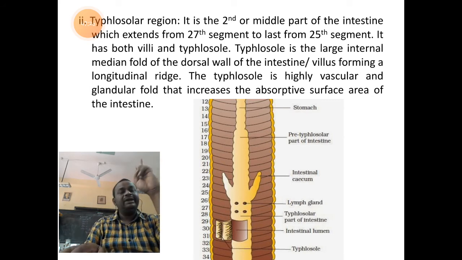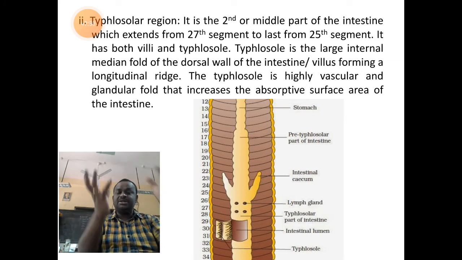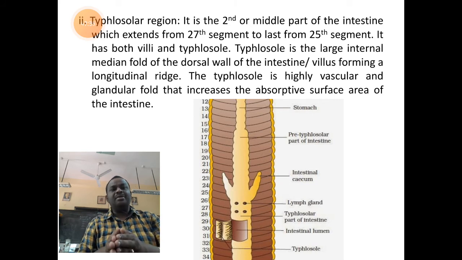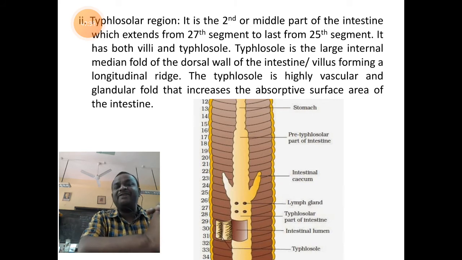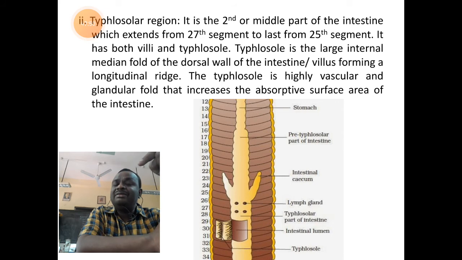So, you have the typhlosole as well as villi together as the intestinal lining inside. It helps in much absorption of nutrients. Students, remember, it is a highly vascular and glandular part, and it increases the absorption process in the intestine. It starts from the segment immediately below the intestinal caeca, that is the 27th segment.